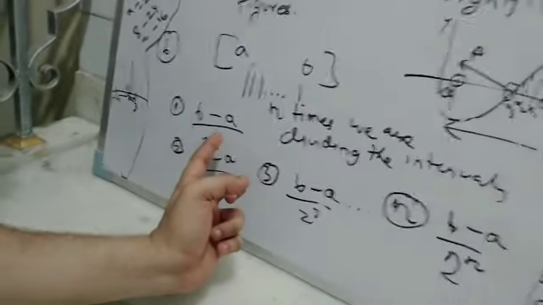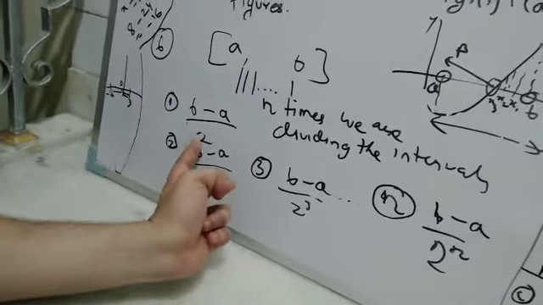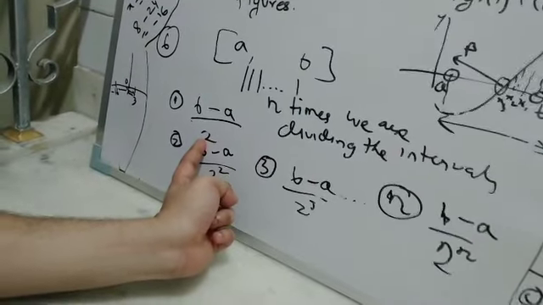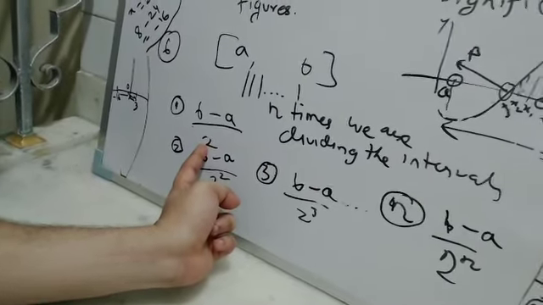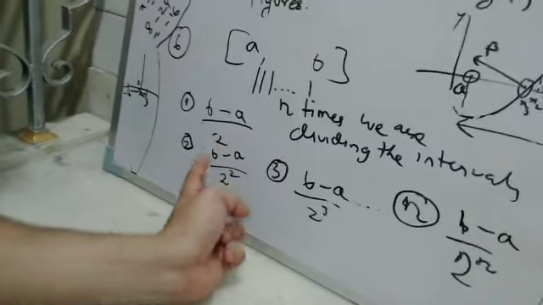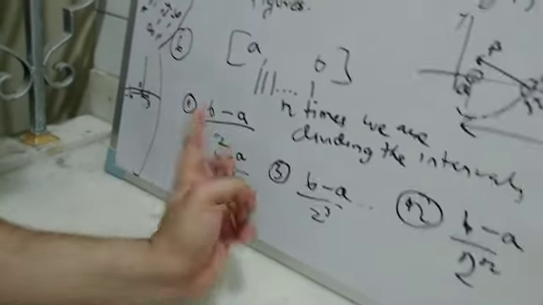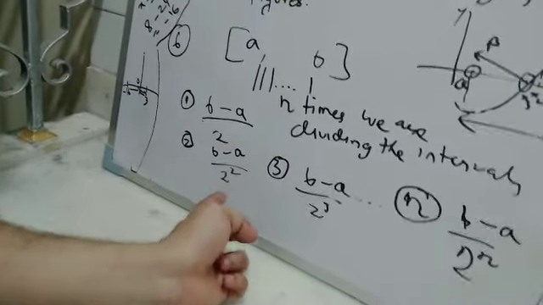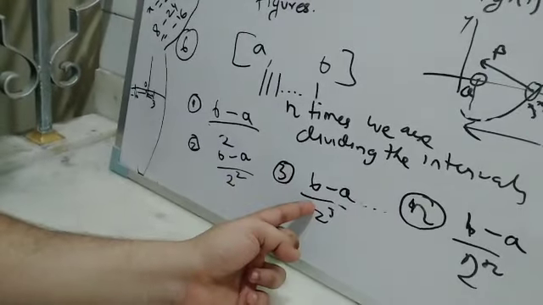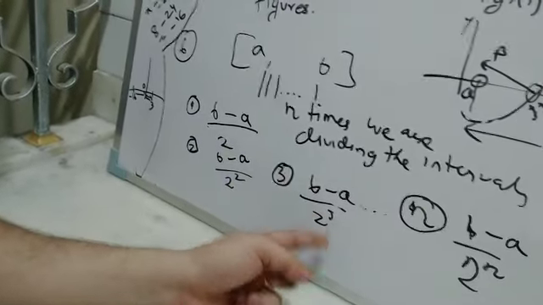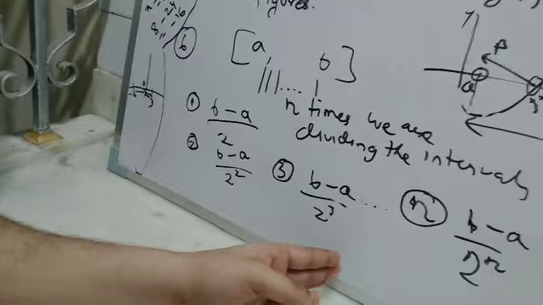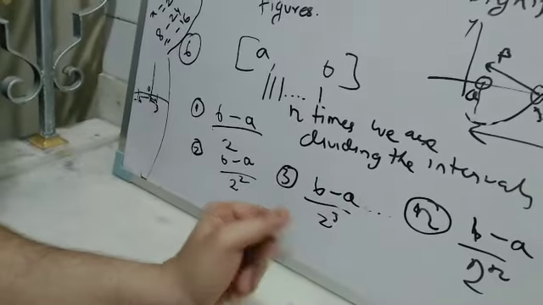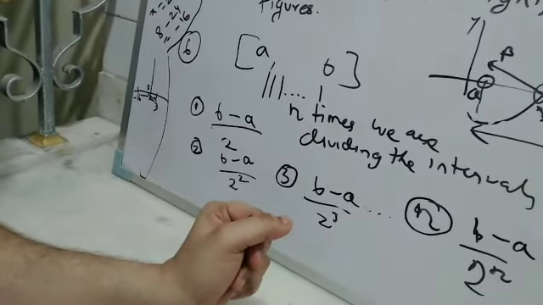You have divided this gap n number of times. For iteration number 1, the gap is this one. You have chopped your range. In the next step, you have chopped 2 times, so 2 squared. Again, in the third step, you will chop your interval one more time.